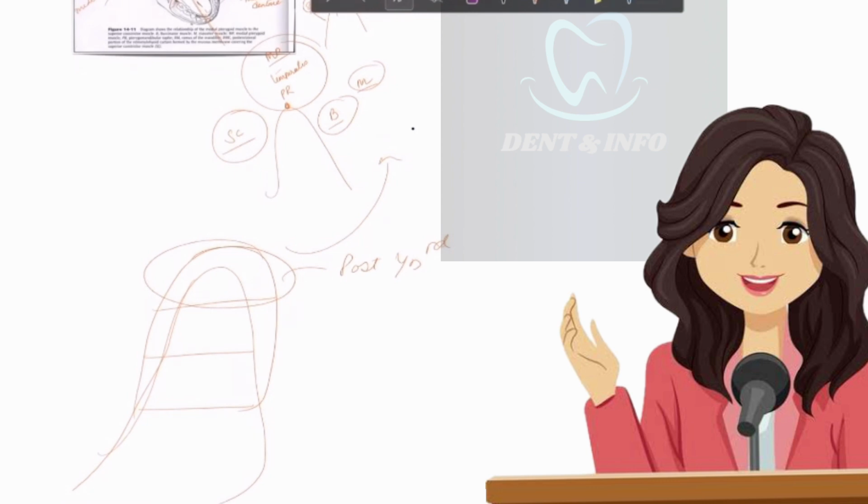When a plethora of muscles are attaching at the posterior border, the chances are they will dislodge the denture by their movements. On the lateral, on the posterior border, you see a lot of muscles.